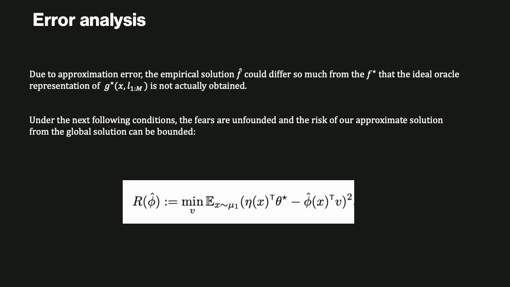So in this section, the authors show that following some conditions, the fears for this are actually unfounded, and the risk of the approximate solution from the global solution can actually be bounded. As you can see in this formula here, this shows the actual risk of the approximated solution against the actual ground truth solution.